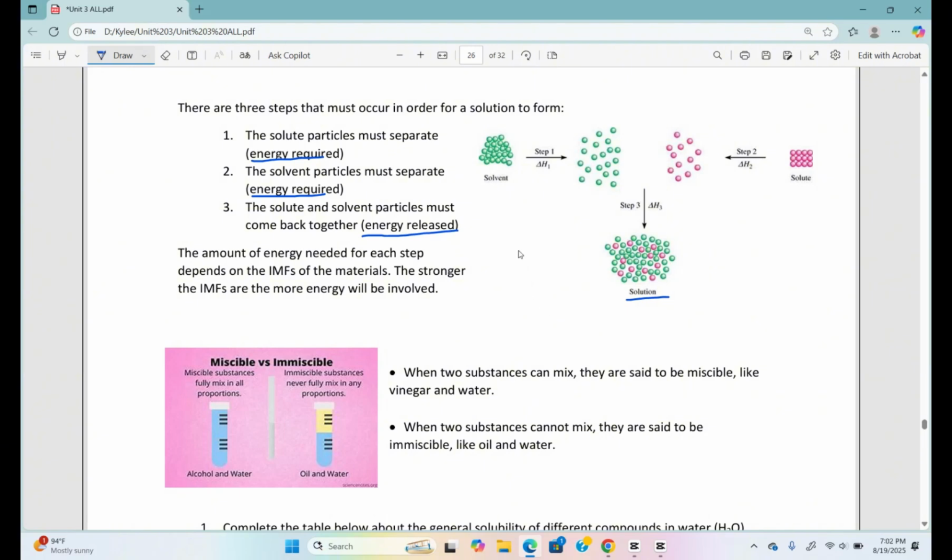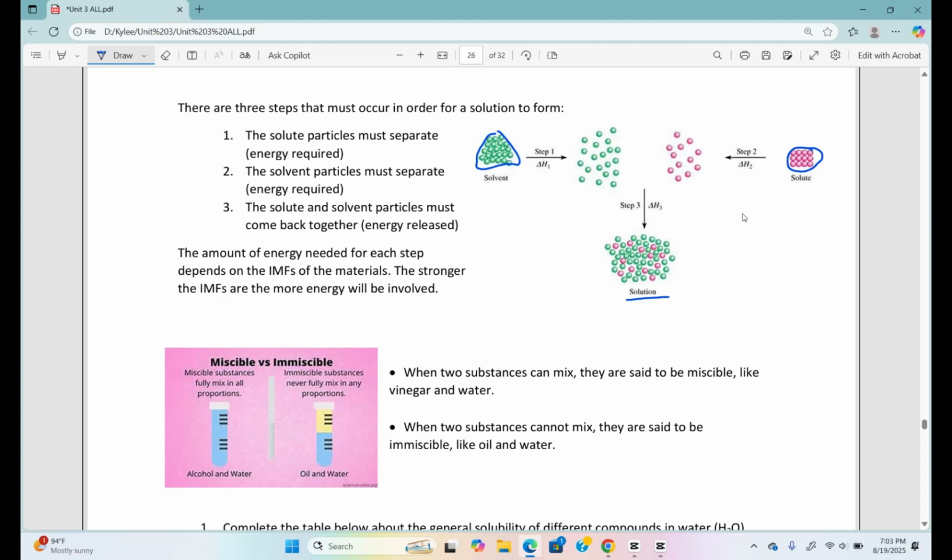How much energy is needed depends on the solvent, the solute, and their IMFs. The stronger the IMFs involved, the more energy is needed to separate. If the solvent particles are more attracted to each other than to the solute, they are not going to form a solution, because all the solvent particles will just stay together and all the solute particles stay together.